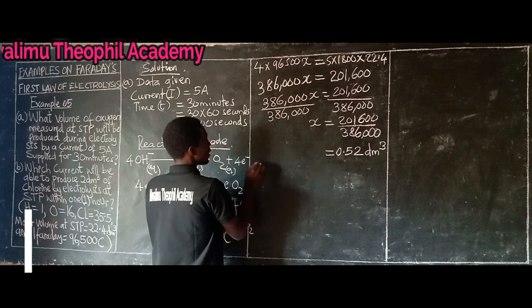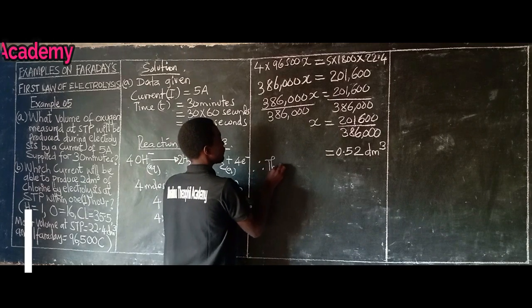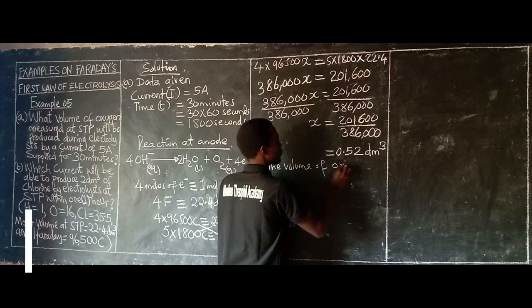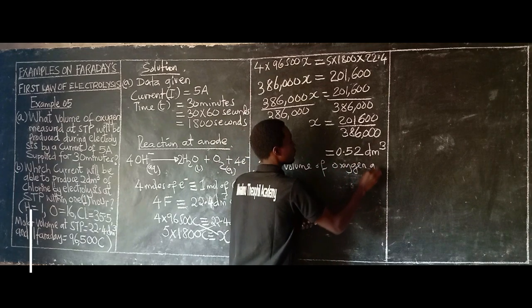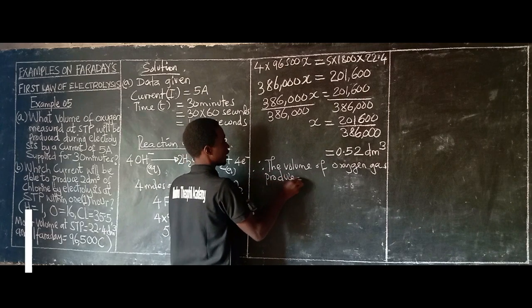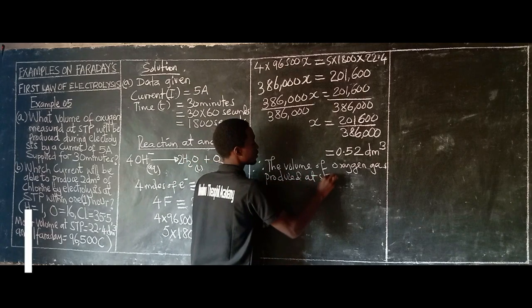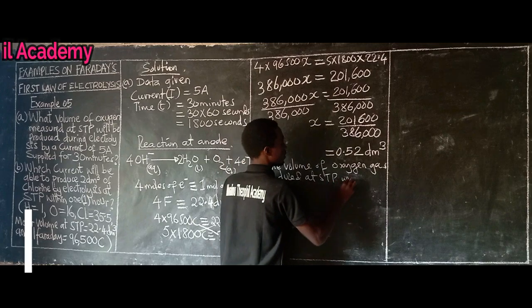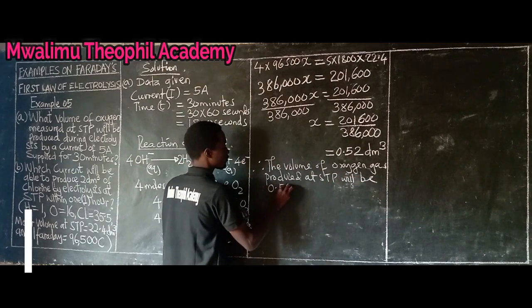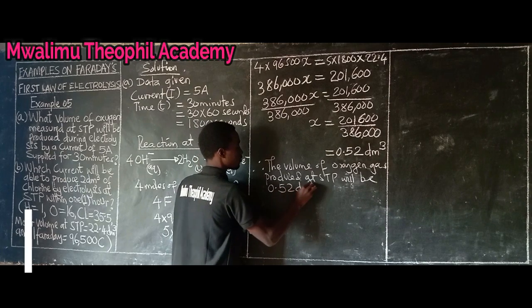So we say now the volume of oxygen gas produced at STP will be 0.52 decimeter cubic.